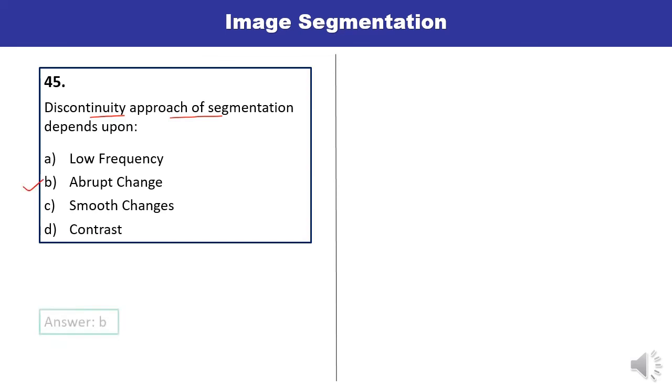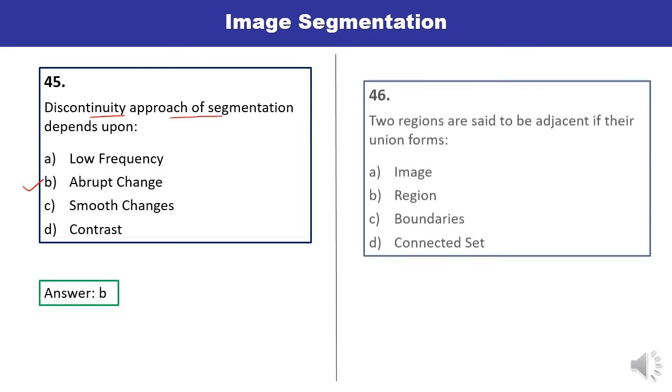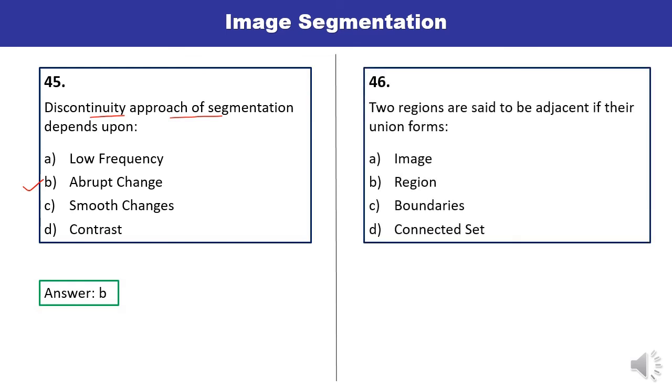Answer is B. Question number 46, two regions are said to be adjacent if their union forms image, region, boundaries or connected sets. So two regions are said to be adjacent if and only if their union forms connected set. D is the answer.